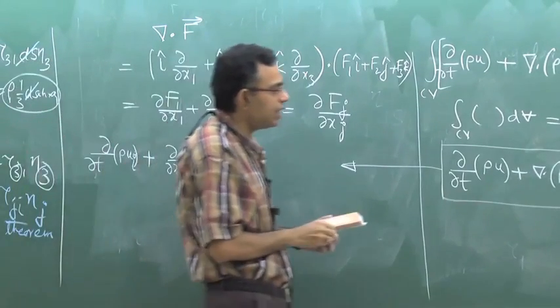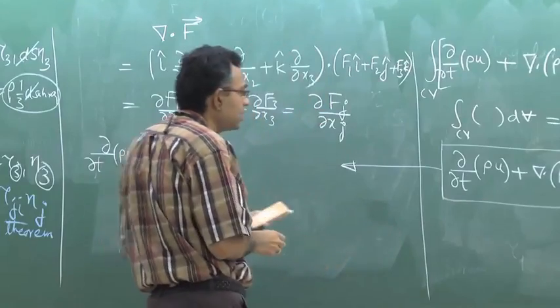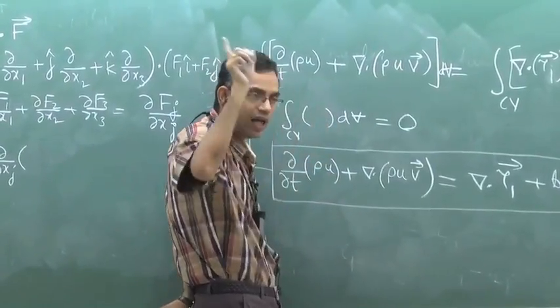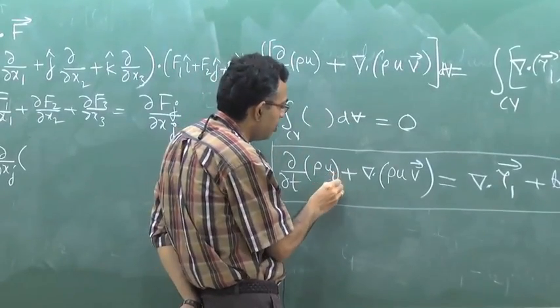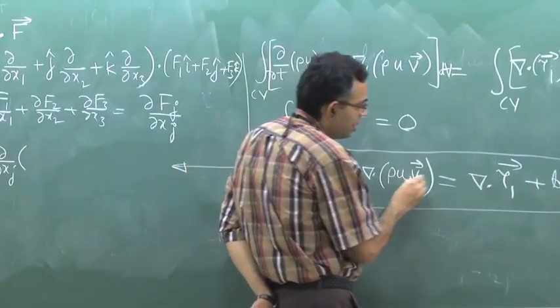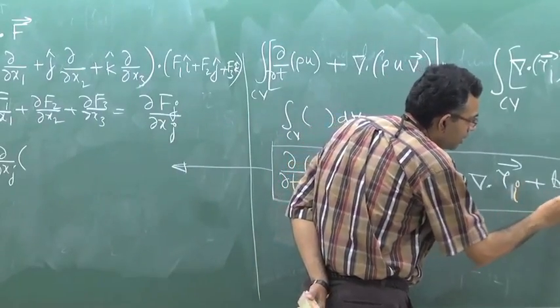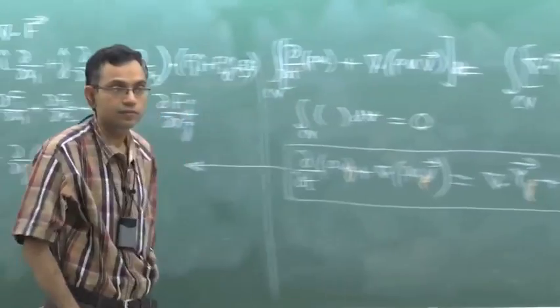So let us say that we are interested, instead of the x component of velocity, in the ith component of velocity. Then u will be ui, in place of tau 1 it will be tau i, instead of b1 it will be bi, right.